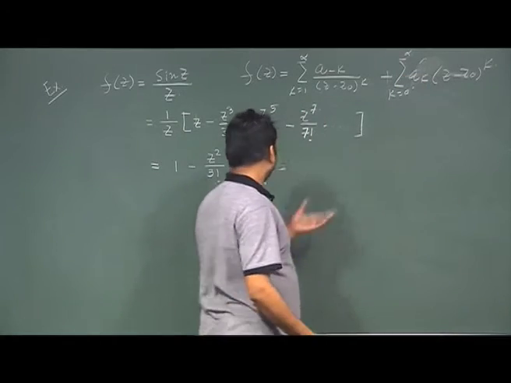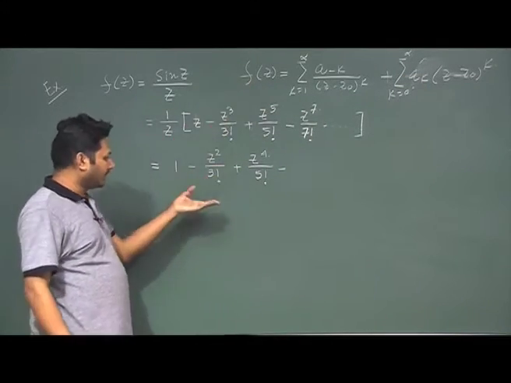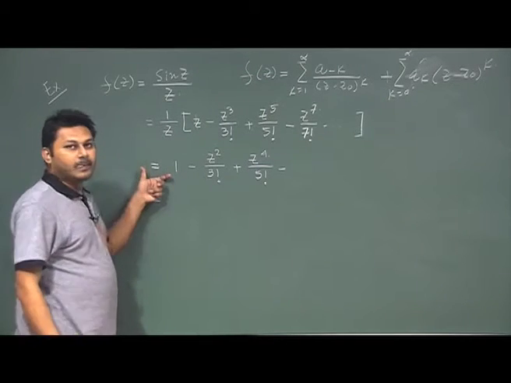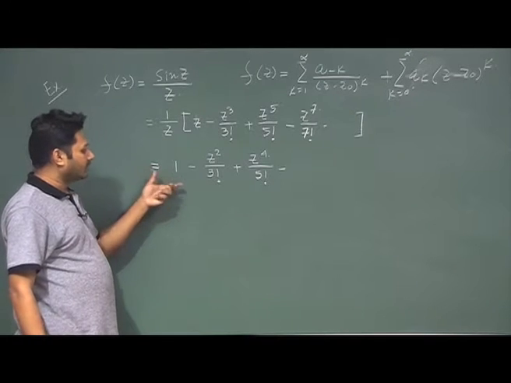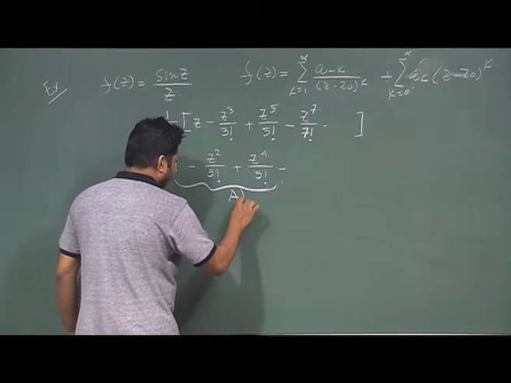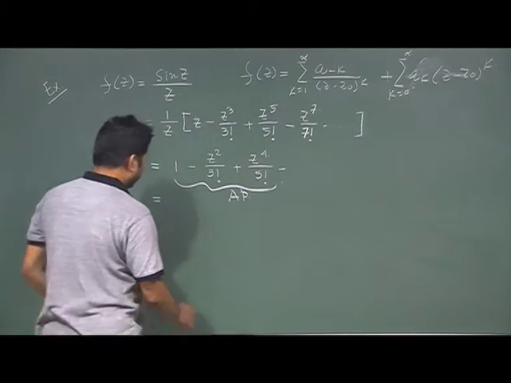So there are two parts. If I tally with what is written here, we find that there is no principal part here at all. All of these are analytic part, starting from here.